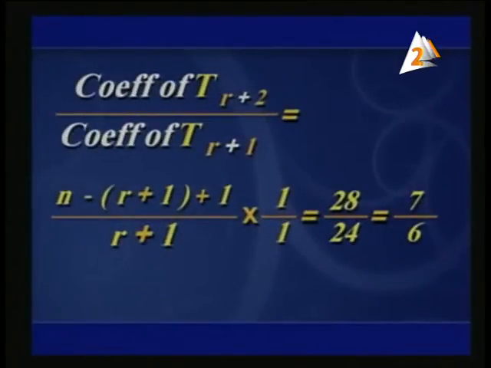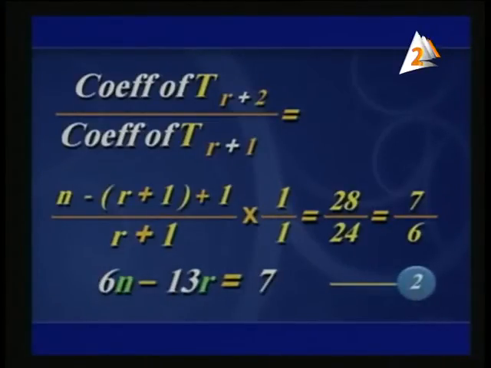Coefficient of T r plus 2 over coefficient of T r plus 1 equals (n minus (r plus 1) plus 1) over (r plus 1) times 1 over 1 equals 28 over 24 equals 7 over 6.